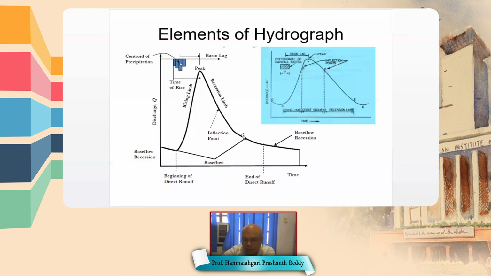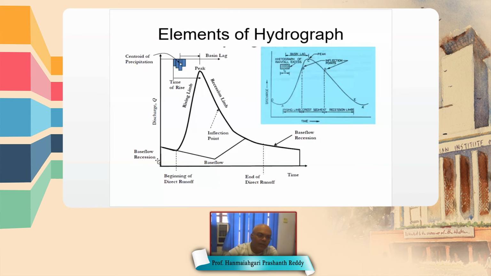And you see, although the rainfall has stopped, even before the rainfall there is some flow, and after the rainfall there is some flow. This flow is called base flow, and it is contributed by the groundwater. In many places the streams are a few meters deep, depending on the geometry of that location.